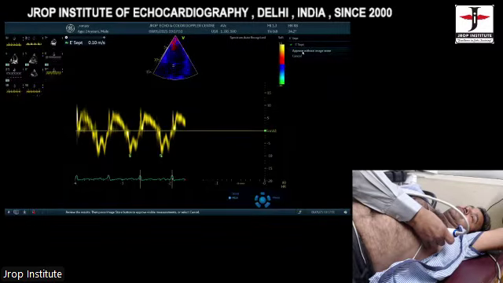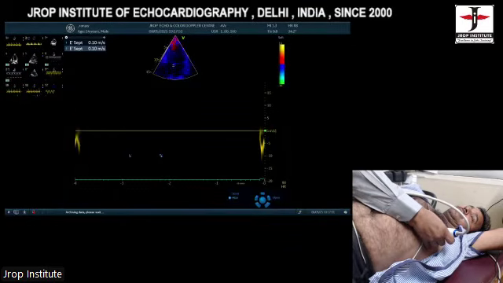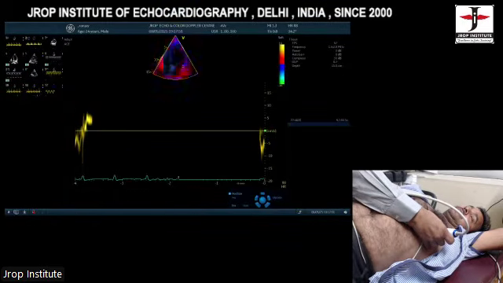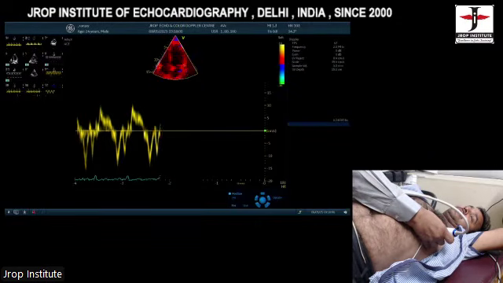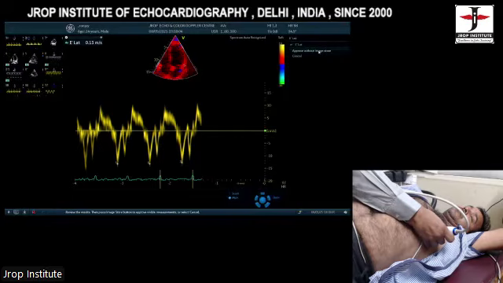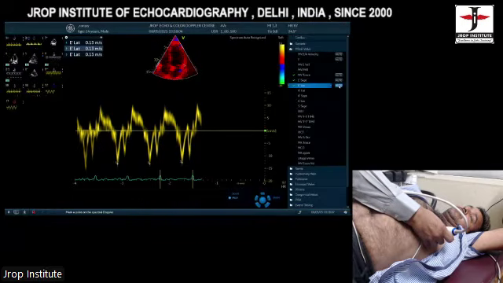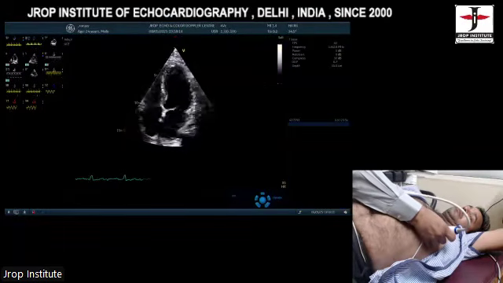Machine has already taken it. Then I'm going to take my E prime lateral. Machine will take it automatically. And now the machine has not shown me the EA ratio, so I'll have to go back and measure my EA ratio.